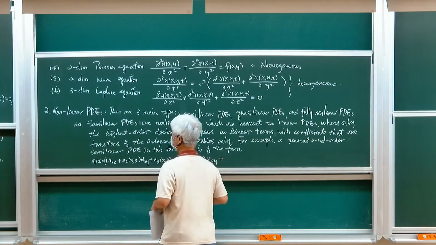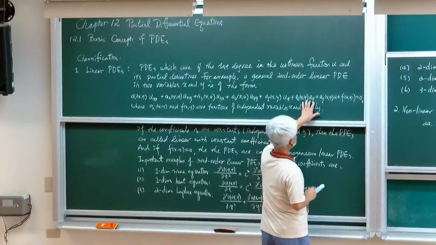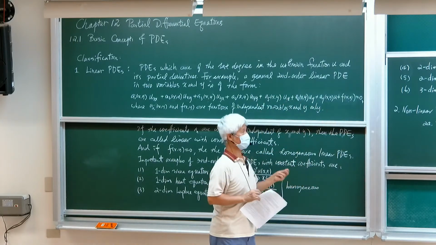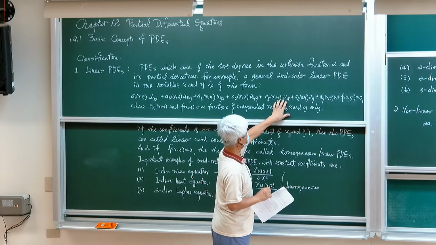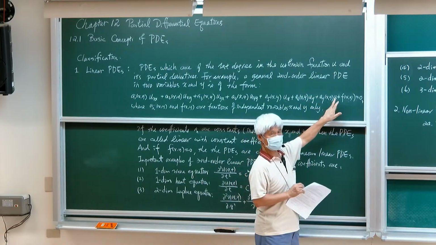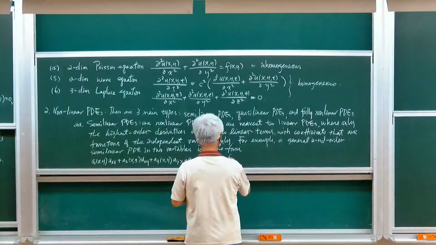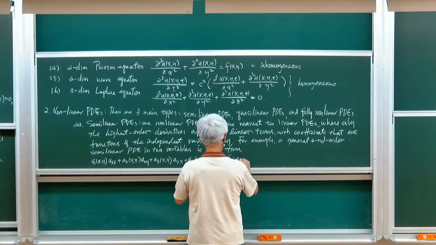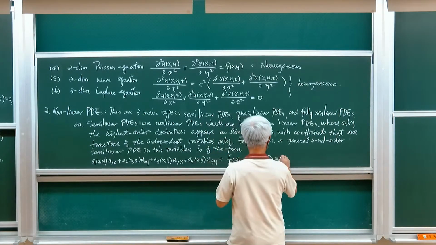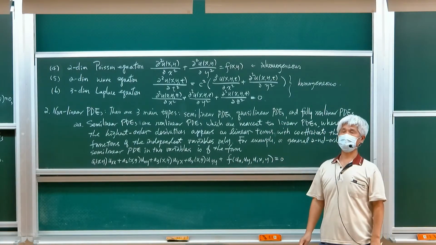But for all the lower order terms, including ux, uy, u, and x, y, they can be arbitrary. For example, you may have the square of ux, the third power of uy, or the fifth power of u itself. Everything can be included in this function f, and f can be arbitrary.